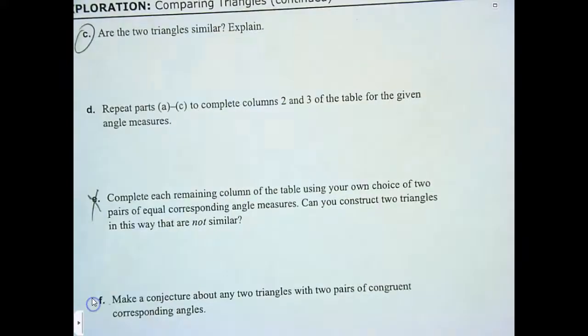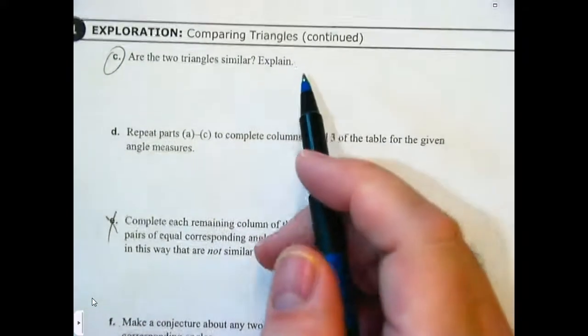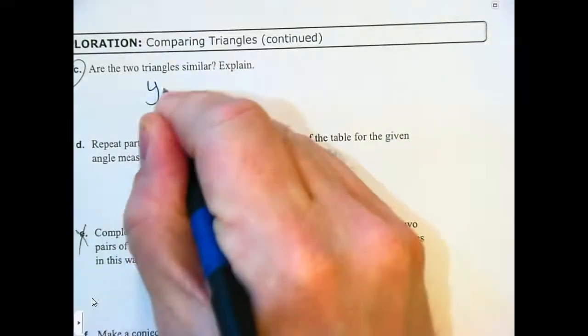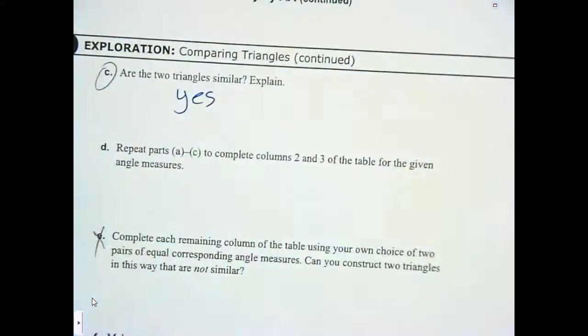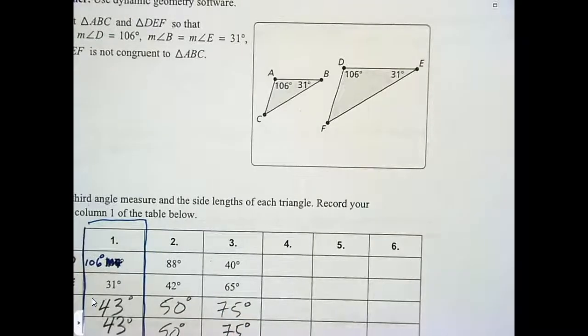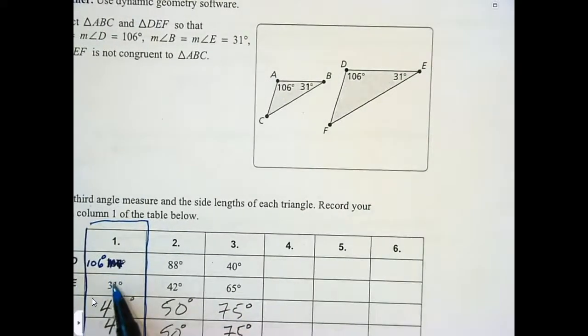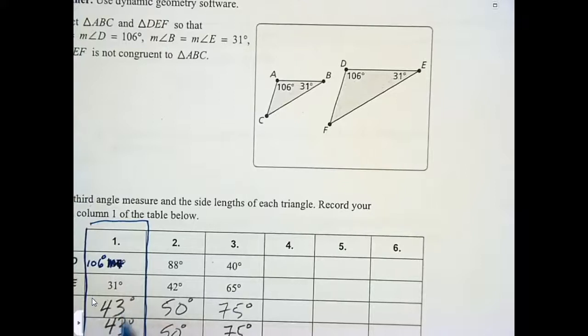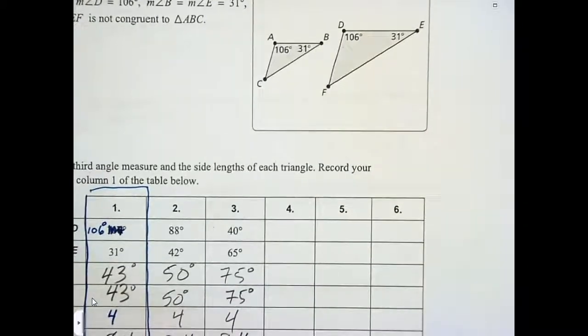Hey, are the two triangles similar? When you say yes, why are they similar? So they do have the same angles, right? They have the same angle measures. We know the 106 and 31 are the same. 43 and 43 are obviously the same. Are the sides proportional?